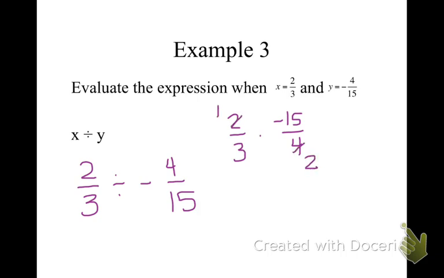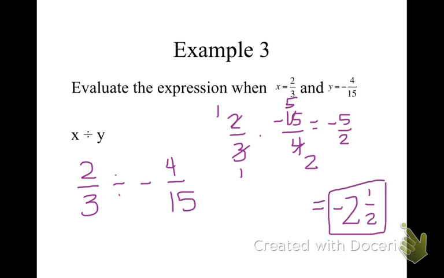Divide out common factors. -5 over 2 is equal to -2 1/2. Something to keep in mind, that when you do these, if you start with a mixed number or a whole number, that you're changing it to improper before you perform the rest of the steps.